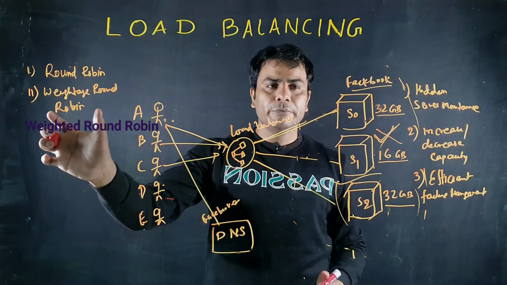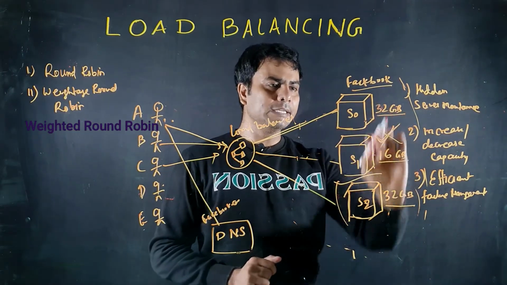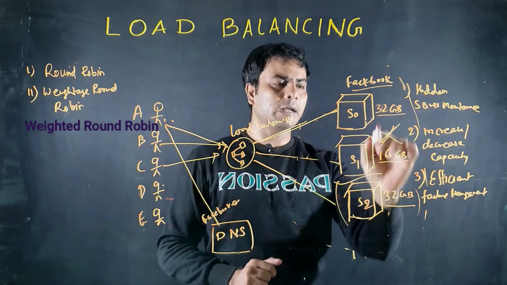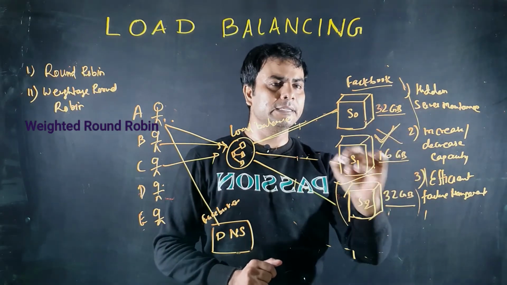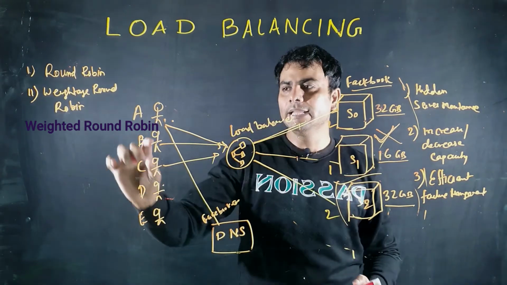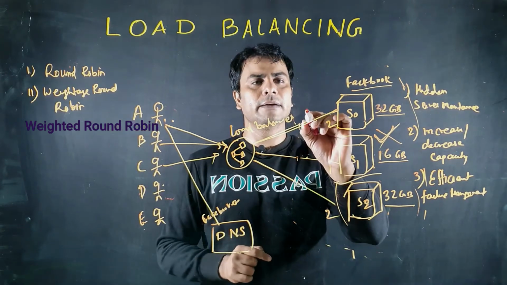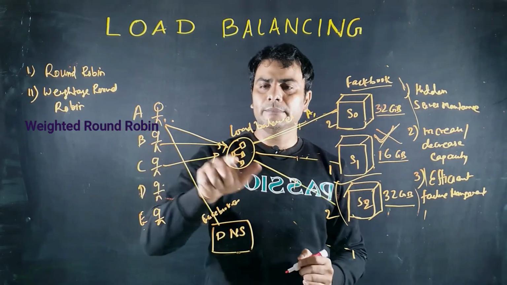In the case of the weighted round robin algorithm, we can define some weight on each server. Since these servers have double the capacity of this one, we can define the weight 2 here, 1 here and 2 here. So in that case, the request A will come here. The B request will come to the load balancer.